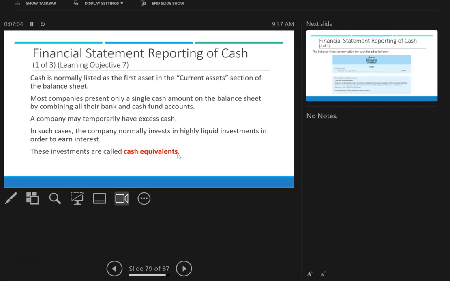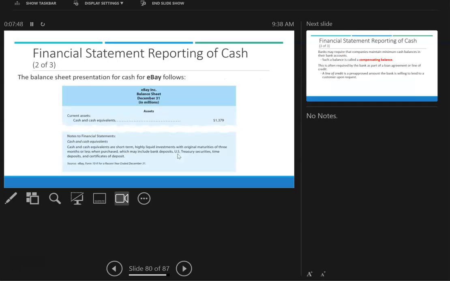Cash is a current asset. It's the first thing. It's the most liquid of all because it is cash. Companies normally invest in liquid investments so they can earn interest. Know that cash we record as checking accounts, currency, dollar bills, but sometimes companies want to make interest on their money, and we record that into probably a money market account.